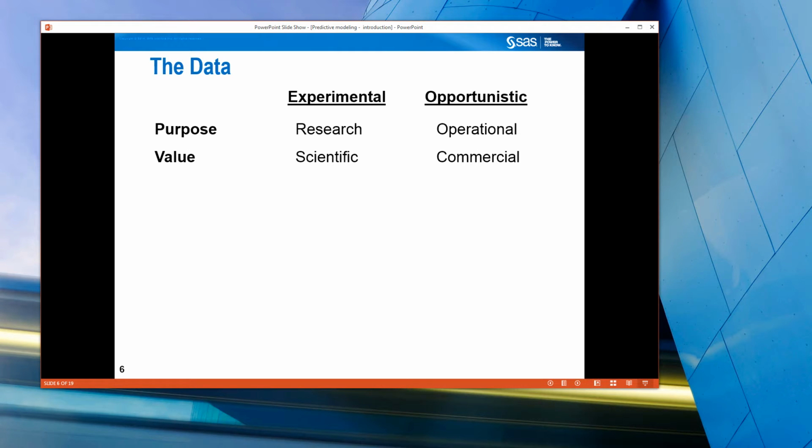They want to be able to save money, make higher profit, and retain more customers, and so on. And the generation of data in an academic or experimental setting is actively controlled. They make sure they know how to measure the data, and they set up situations where data gets generated and they use the data. Whereas in the business or opportunistic world, data keeps coming and you're observing it passively.